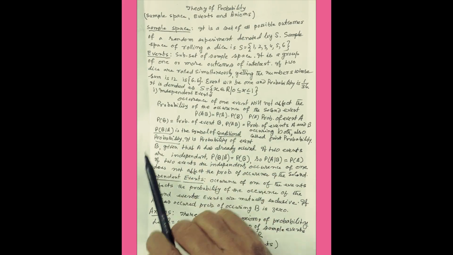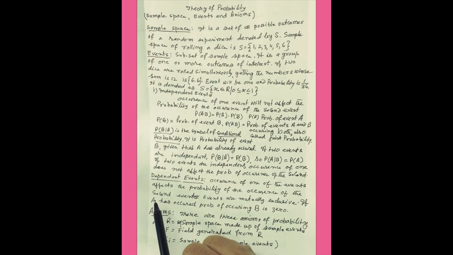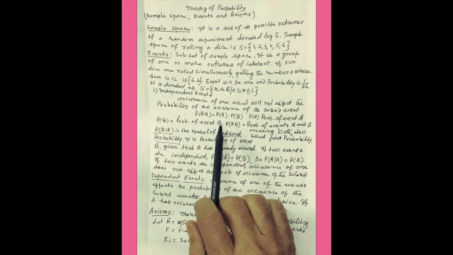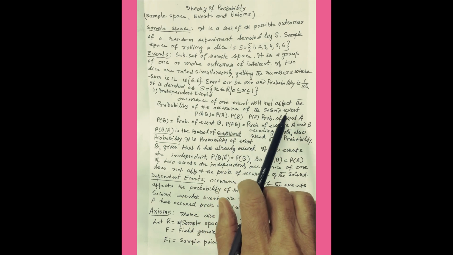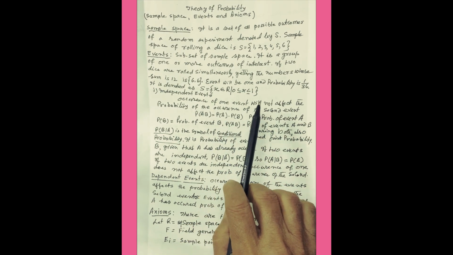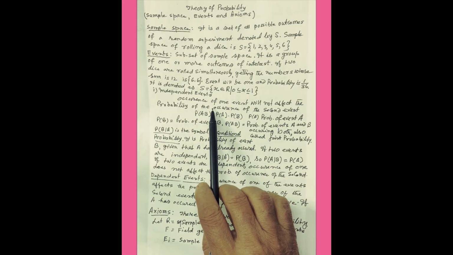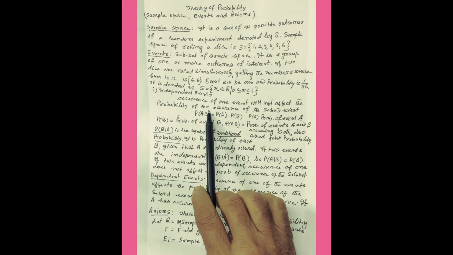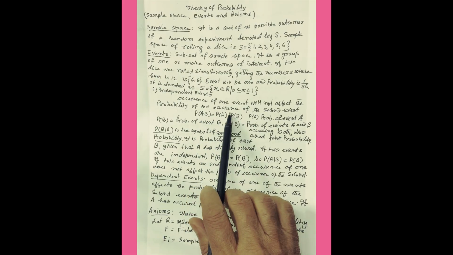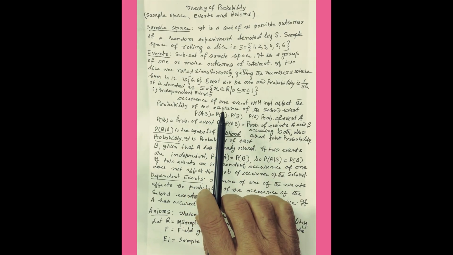Now what are independent events? Occurrence of one event will not affect the probability of the occurrence of the second event. So it is independent in the sense that if one event occurs, it will not affect the probability of occurrence of the second event.